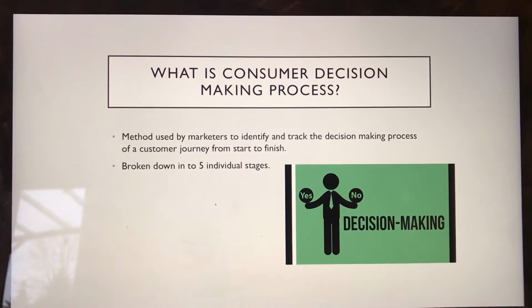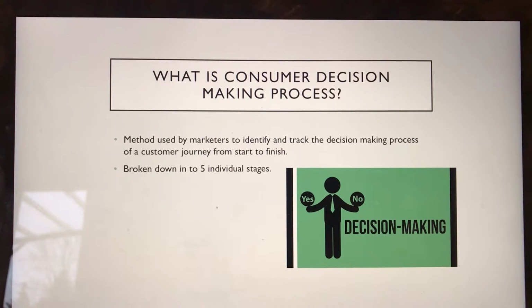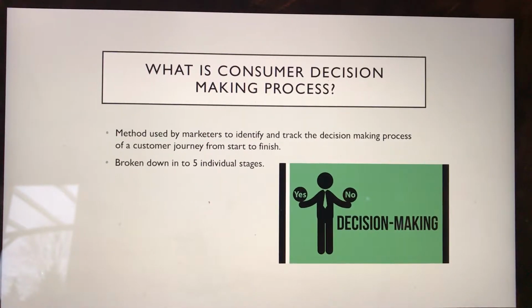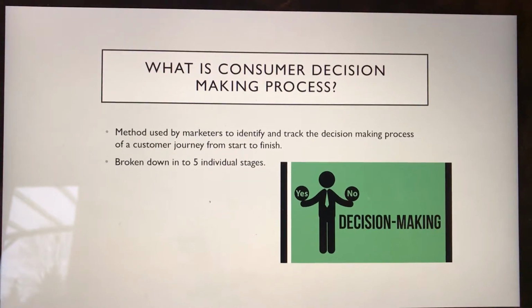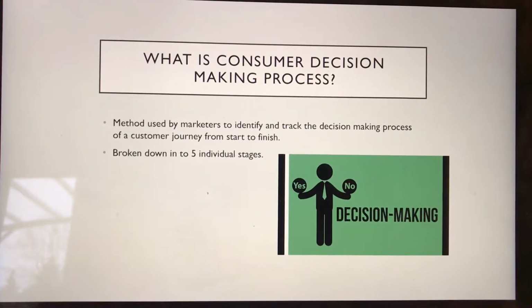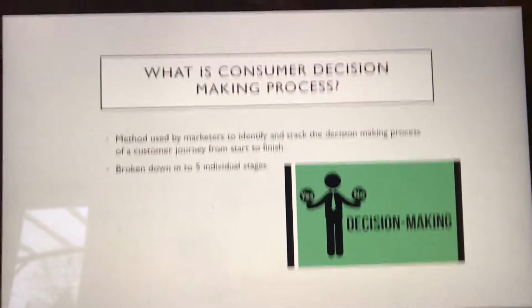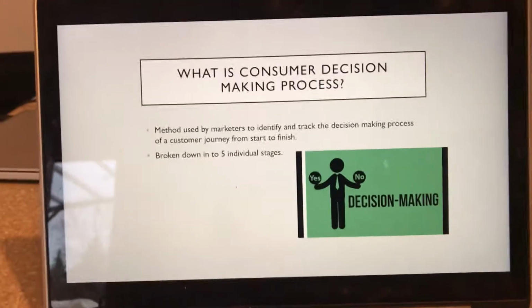I did not really realize that until I learned more about it. I just recently purchased a GoPro, and I actually went through all 5 of these steps and didn't even realize it until I learned about this.